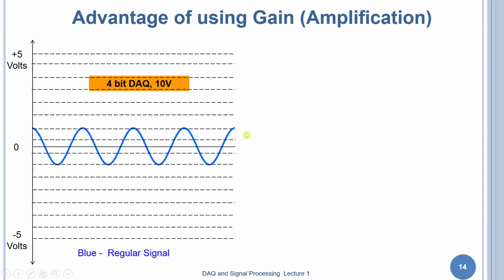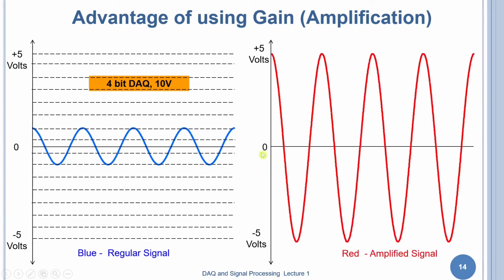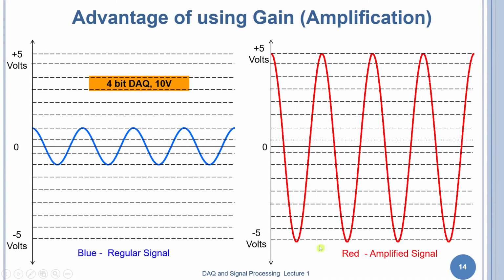Now what I do is I amplify this signal to some new value. In this case, all 16 levels are now being used to define this signal. So when this new amplified signal is quantized, or digitized, it will have 16 different levels of information.